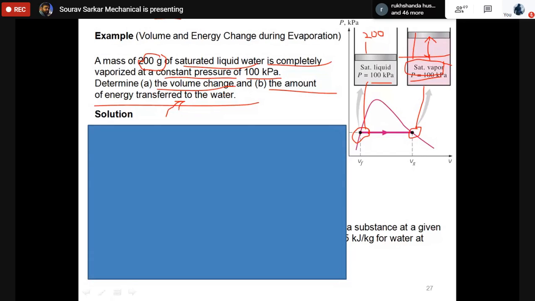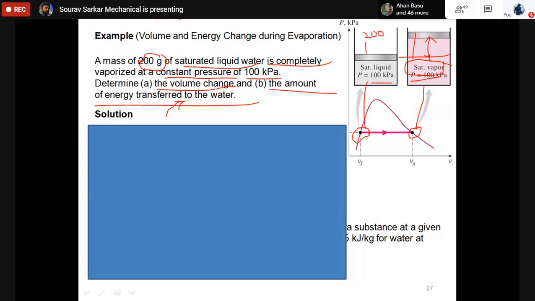At 100 kilopascal pressure, we check the specific volume of the liquid water and the specific volume of the gas, multiply each with 200 gram to get the volume of both states, the vapor state as well as the liquid state, and then just subtract, so we can get the volume change.